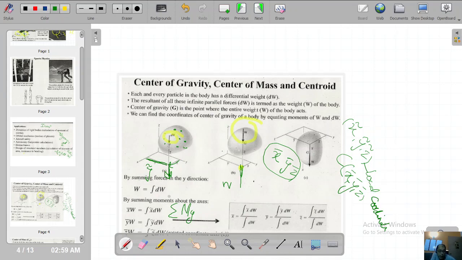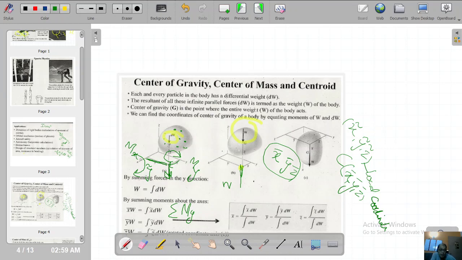So z into y will give you a moment about the x-axis, remember, and here we will be getting the moment about the y-axis. This moment will be the moment about the x-axis.